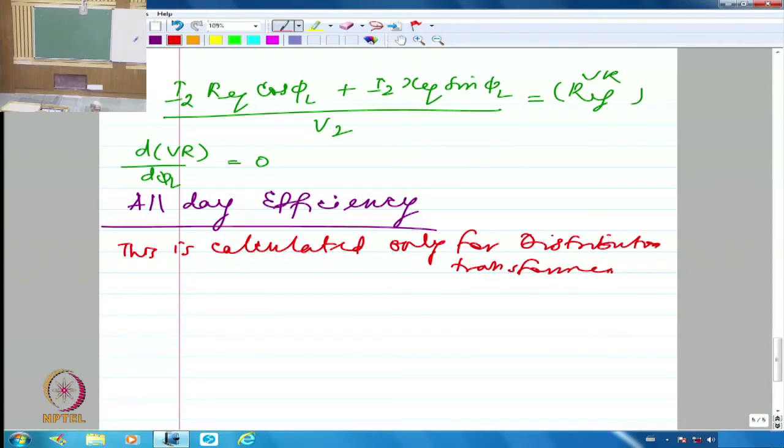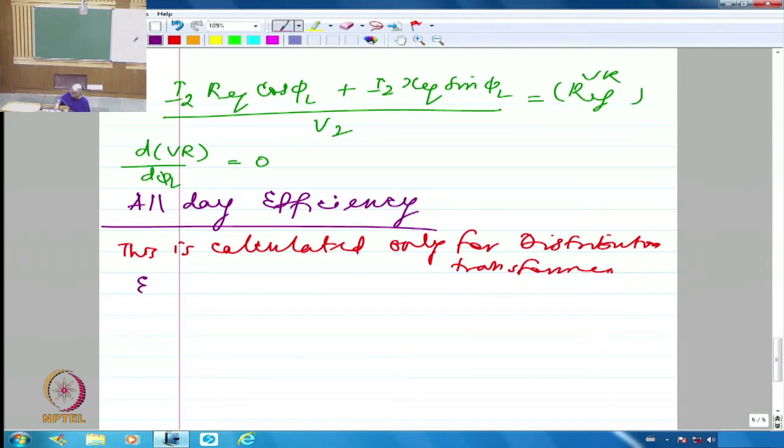And if the load profile says that out of 24 hours in a day, for 12 hours it is going to work at 65% load, then you would try to get a transformer which will have maximum efficiency at 65% load. That's how you would generally ask for a transformer when you go and purchase a transformer for being installed in a distribution system. So, this all day efficiency for a distribution transformer is calculated as energy efficiency.